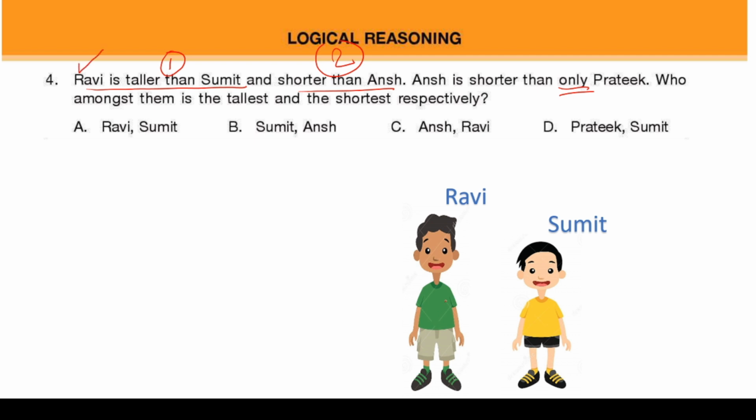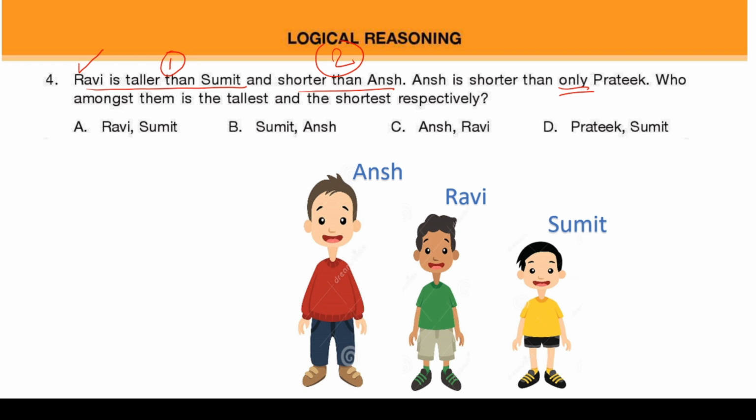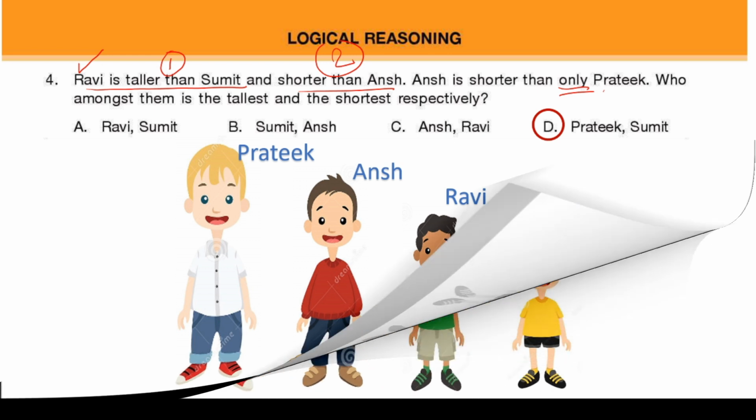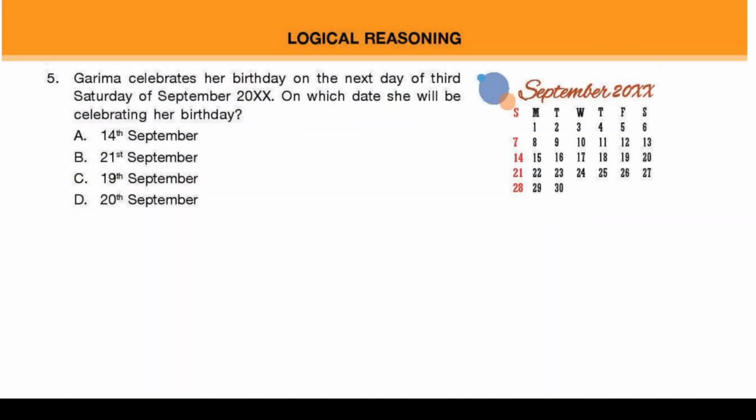So here I have my Ravi and Ansh will be taller than Ravi and hence is placed on left side. Now Ansh is shorter only to Pratik. So who's taller than Ansh? It is Pratik. And out of the 4 we can clearly say that Pratik is tallest and Sumit is shortest. That's your answer D.